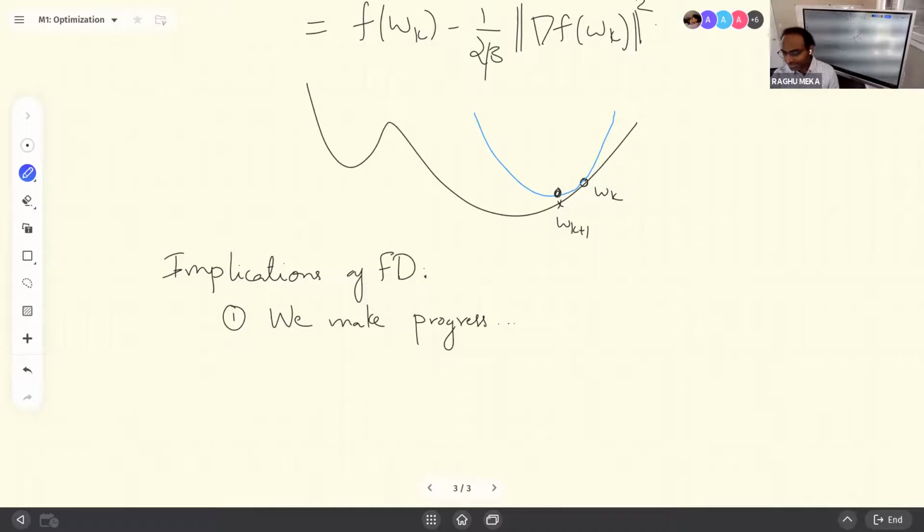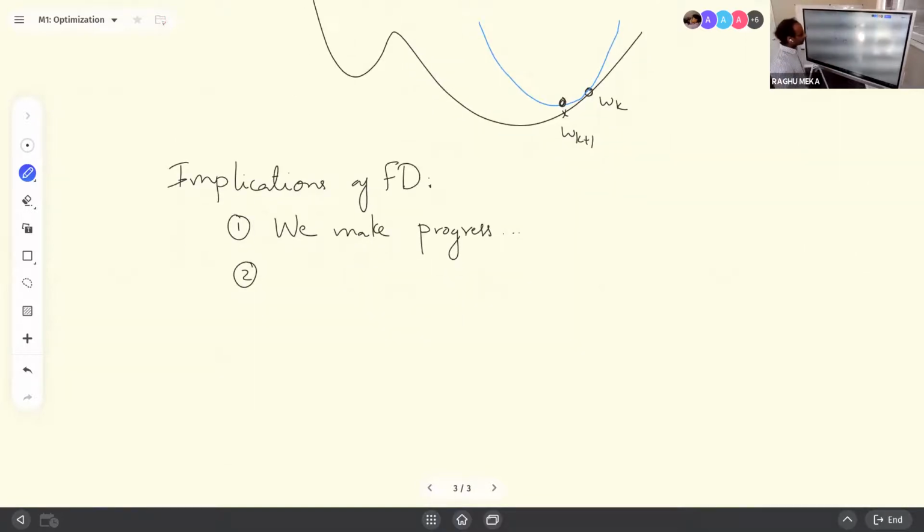Okay, and the second thing that's useful is that in the proof we used the step size of 1 over beta, right? But this is very, very conservative, too conservative for practice.